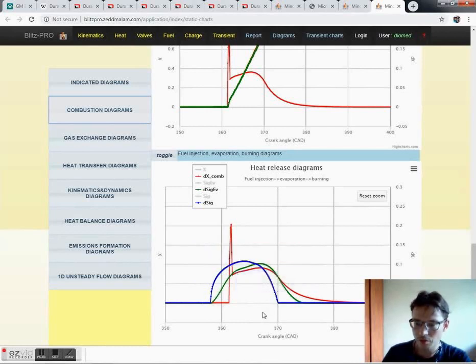This green line shows the speed of fuel evaporation, and this red line shows the speed of fuel combustion. As we can see, during the ignition delay, a lot of fuel was injected into the cylinder and evaporated already.